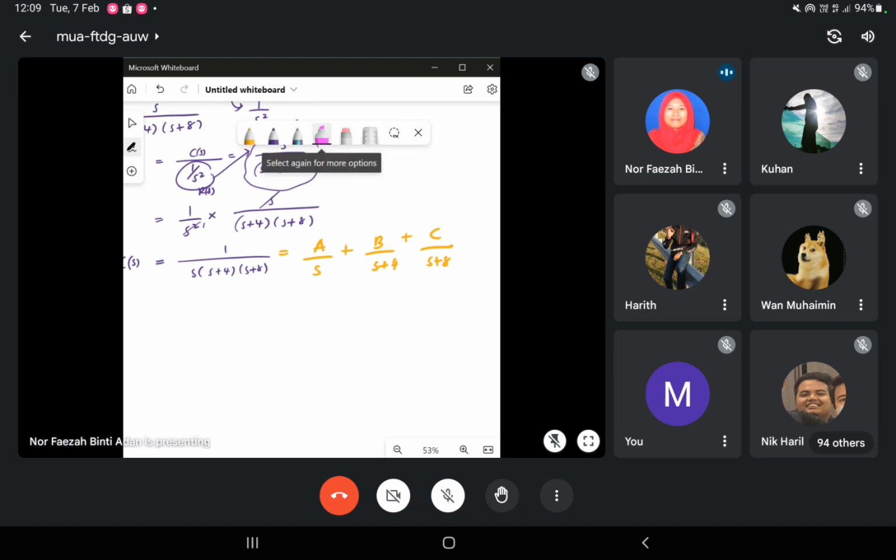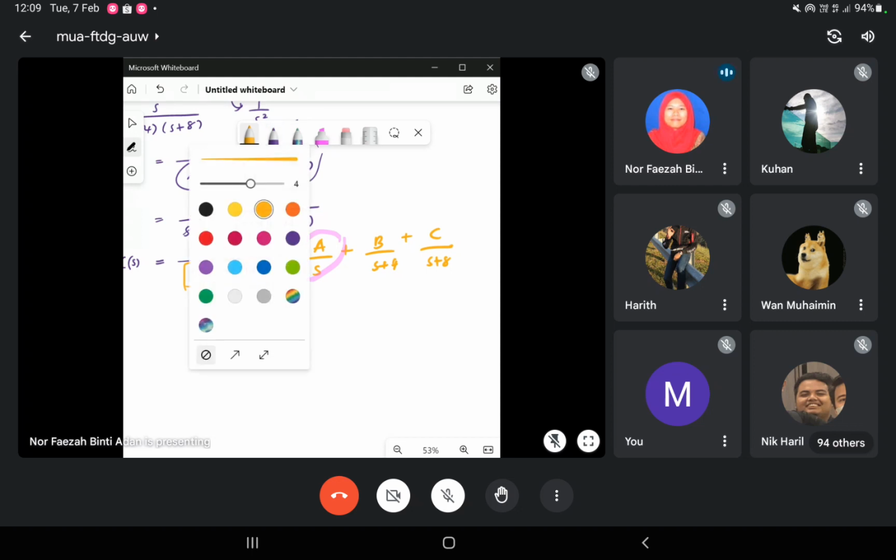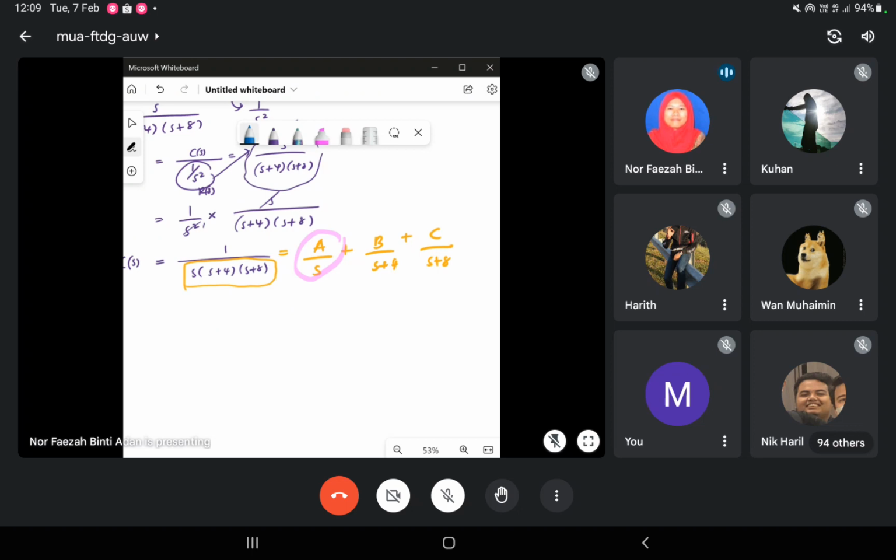Okay, you tengok dekat A/S. Okay, and then compare dengan this one. Denominator yang belah kiri ada terms S, S tambah 4, S tambah 8.